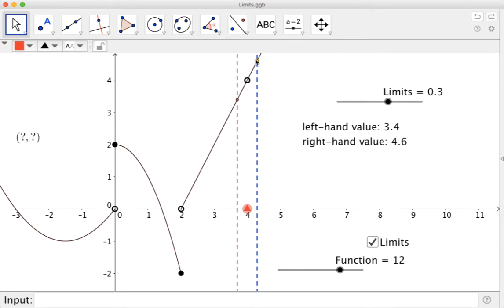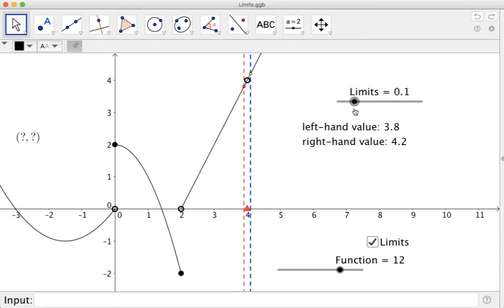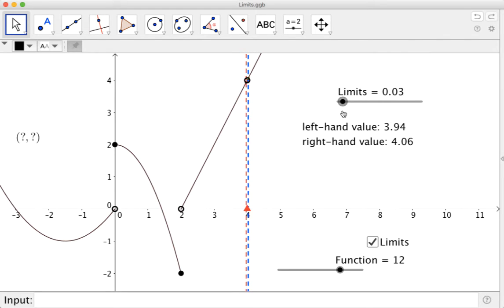The yellow point's approaching from the positive side, the red point from the negative side. And as those points get closer and closer to having x values equal to 4, we can see that their y values, or the value of the function, are also getting closer and closer to 4 because the y values are moving closer and closer to a y value of 4 as the x values approach 4.